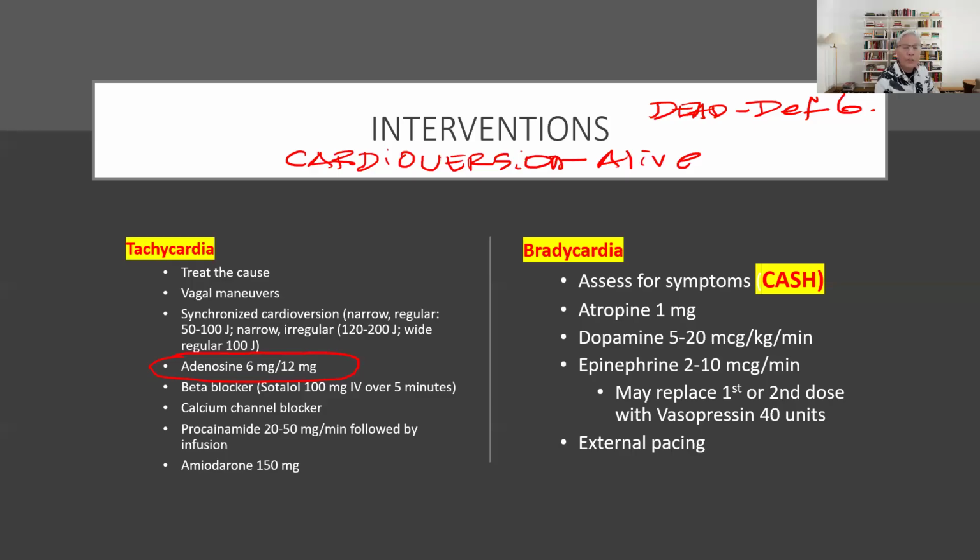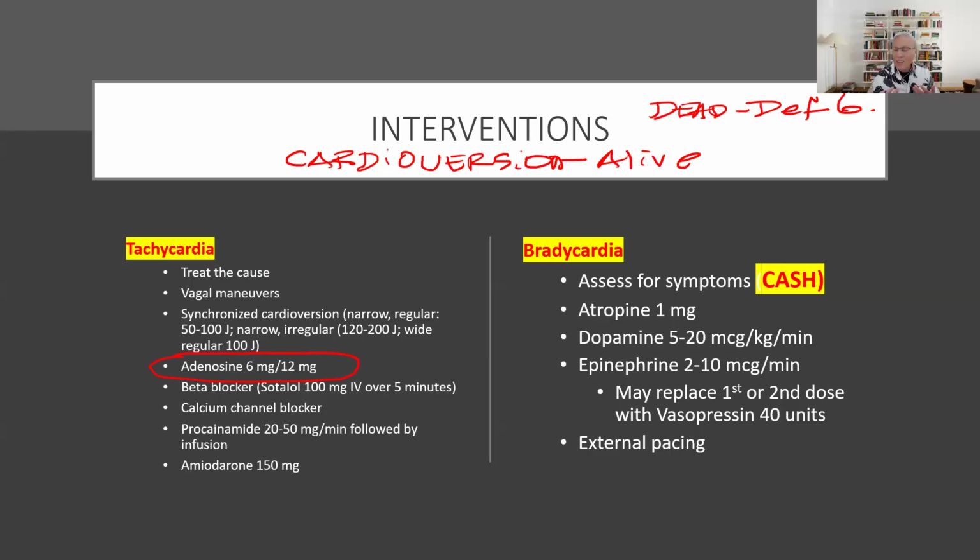So whenever there is bradycardia, the first intervention that you always have to do is to assess for cash, for signs and symptoms of altered cardiac output. All right, so the treatment would include atropine 1 milligram or dopamine at 5 to 20 micrograms per minute or epinephrine.